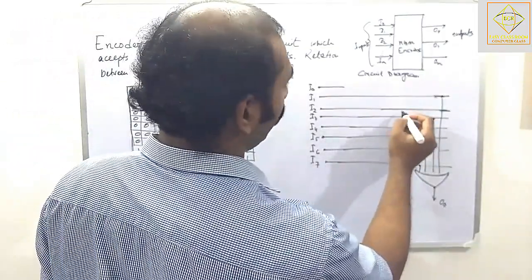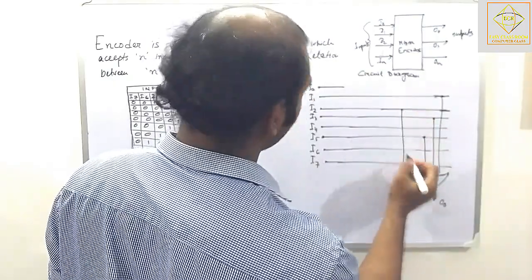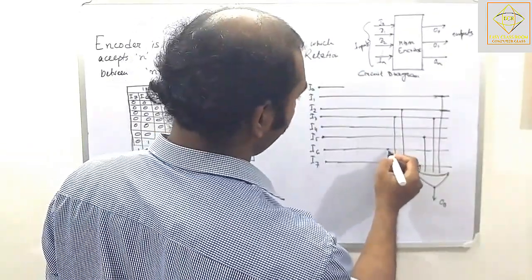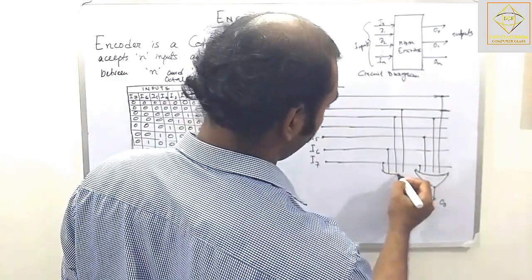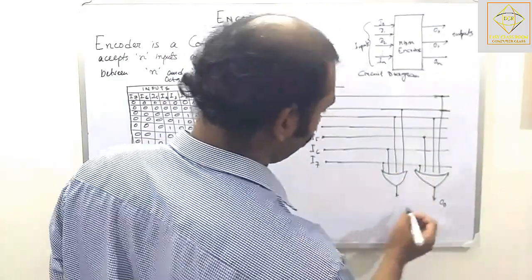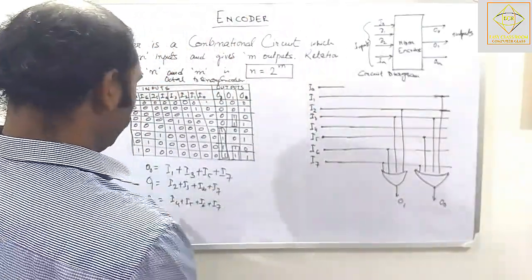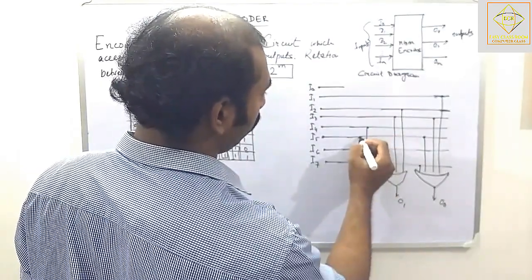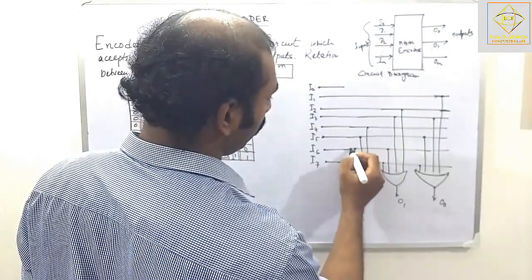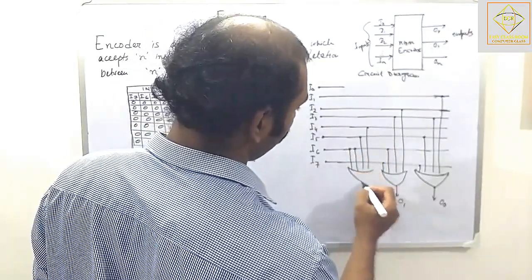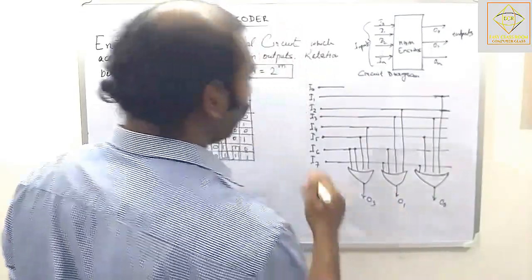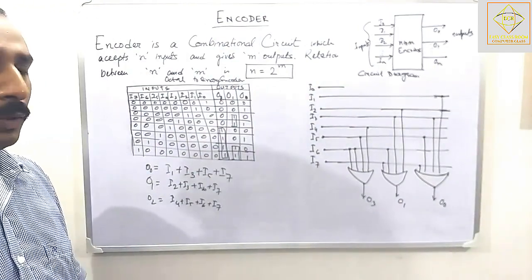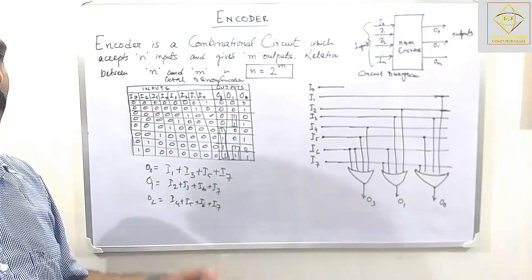So I2 over here, I3 is here, I6 is here, and I7 is here. And then O2: I4 is here, I5 is here, I6 is here, and I7 is here. In both cases, I0 will be left over. So this is how our encoder actually performs and works in different circuits for different input combinations.